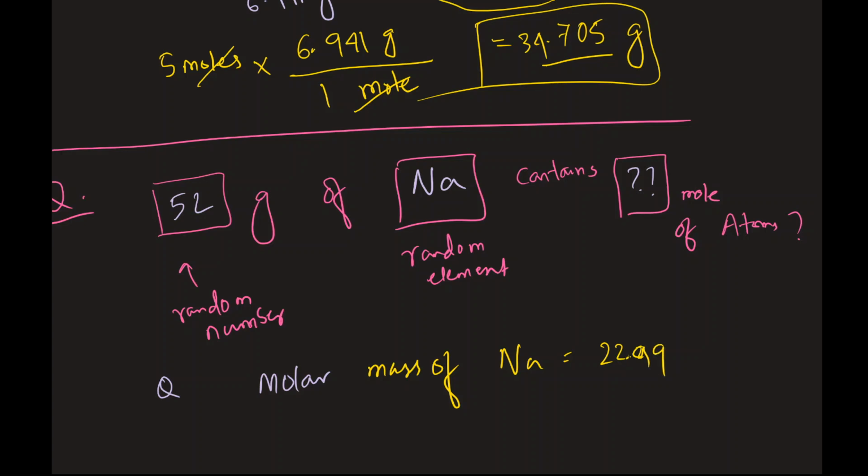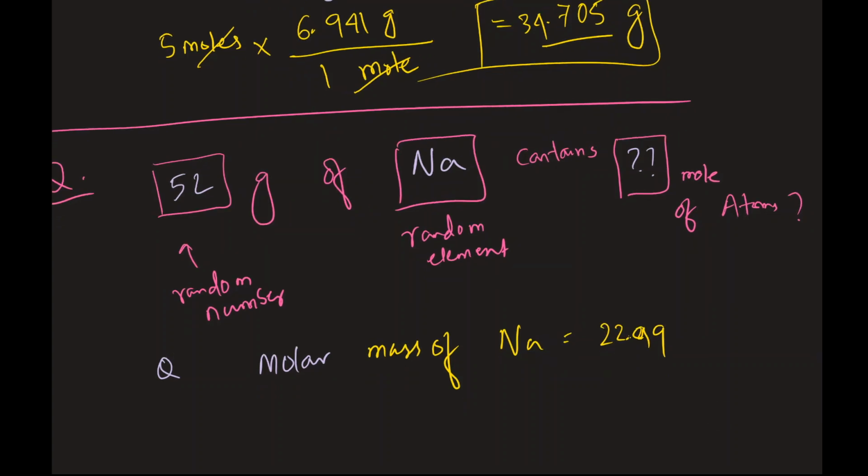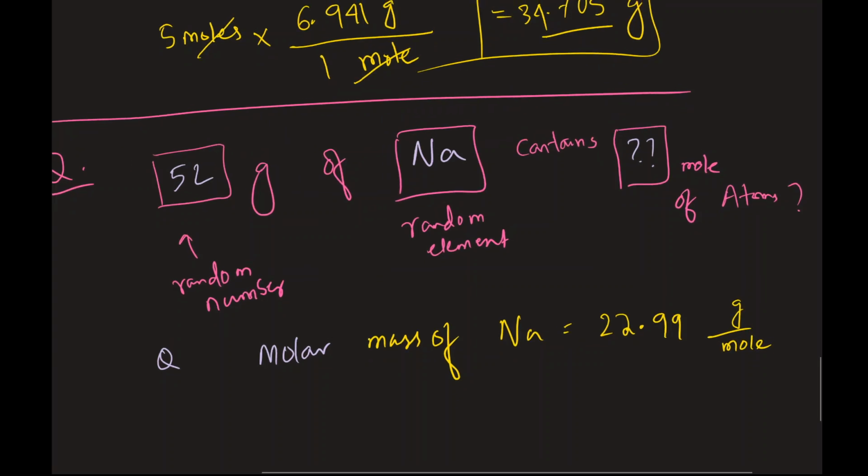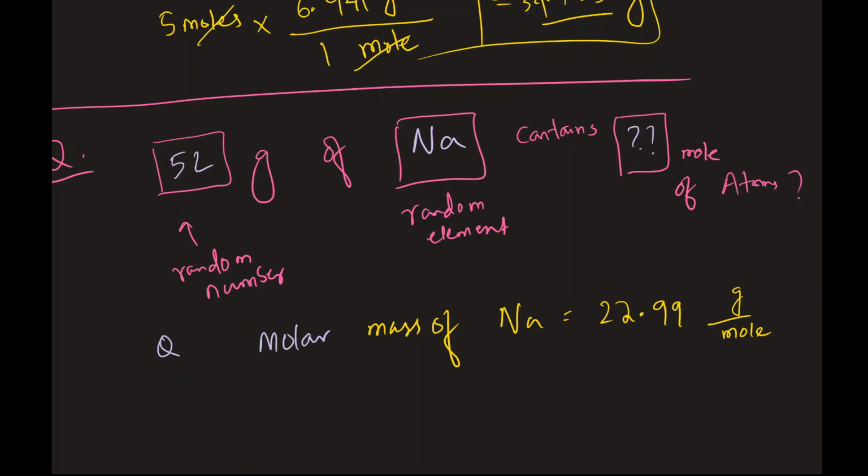When we write the molar mass, you can write it as AMU or grams per mole. That's the right way to write it. So that's 22.99 grams per mole.